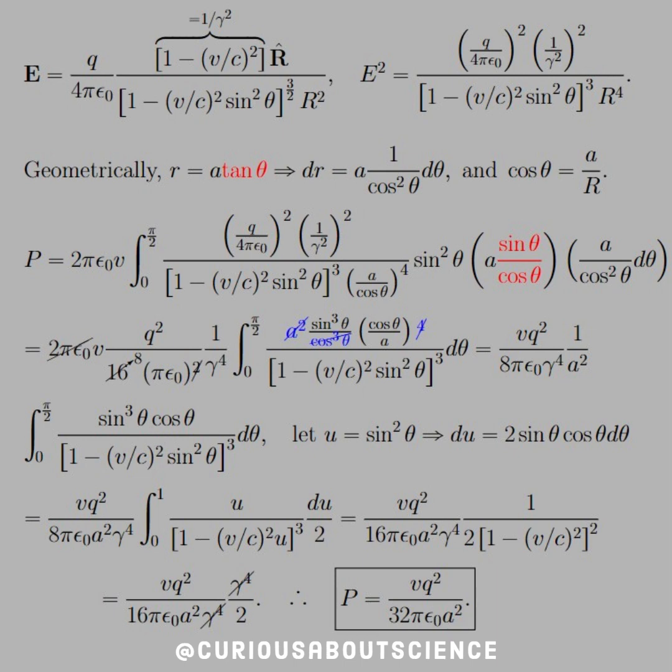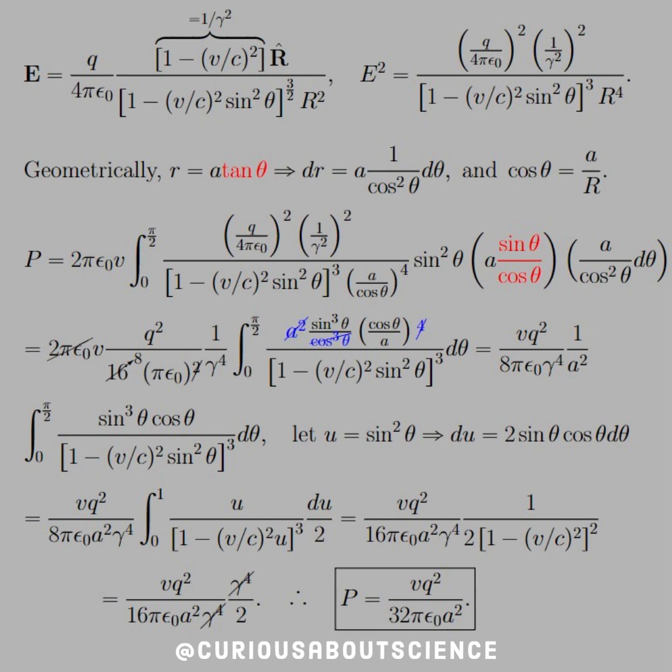And geometrically, we also know that cosine theta is equal to a over big R. What we saw a few questions ago is that we substituted in similarly for a simplification. I forget which question exactly, so I'll have to go find it for you. Let me make a note of that. But we saw this before. So we just plug everything in.